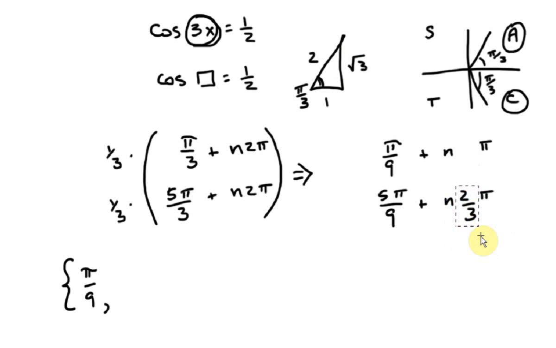If we take 2/3 and we write it so it is over 9, now 2/3 is the same as 6/9. Okay? It actually makes it a little bit easier here because now I go, okay, what is pi over 9 plus 6/9 pi? Well, that would be 7/9 pi.